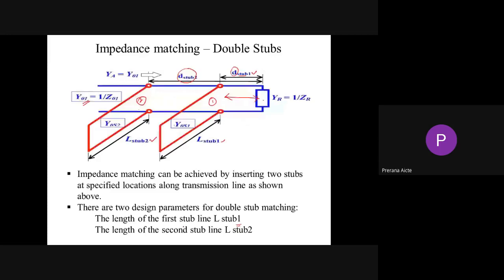Now, there are two design parameters for double stub matching: the length of the first stub line, L stub 1, and the length of the second stub line, L stub 2.